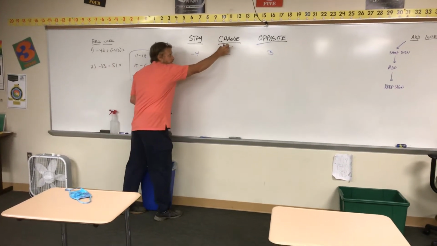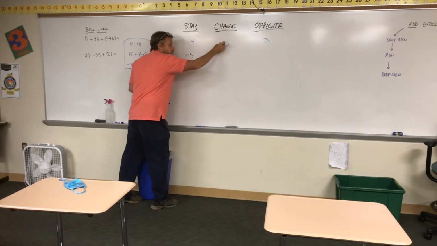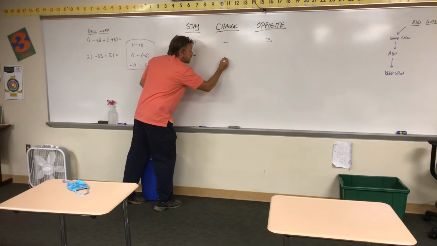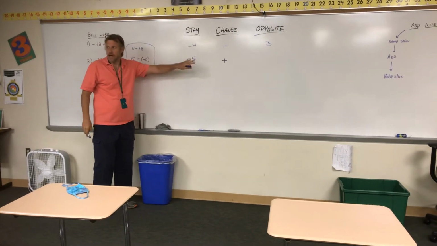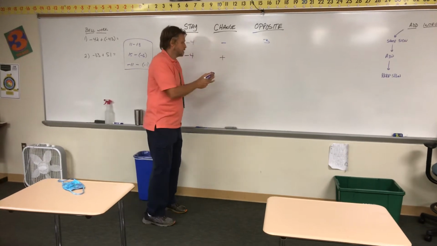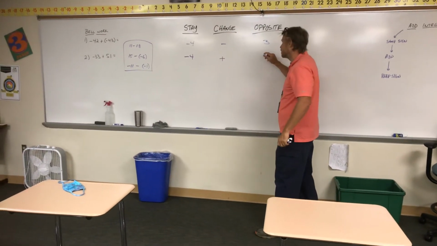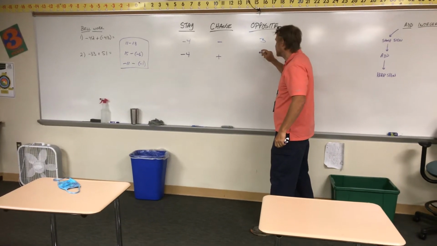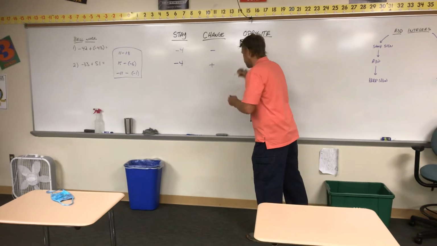The change is we don't like subtraction, so we're going to change every subtraction problem to an addition problem. So this becomes -4 plus, and then what is the opposite of 3? Well, the opposite of 3, which I think all of you got right on your homework worksheet with the opposite problems, is -3.